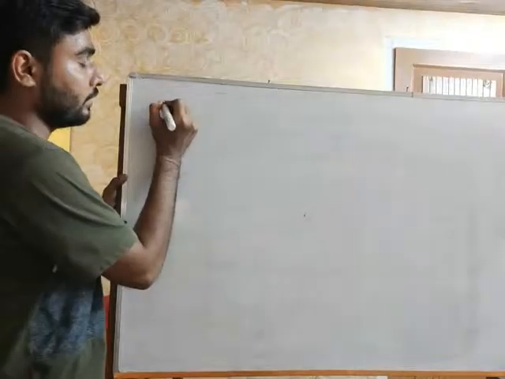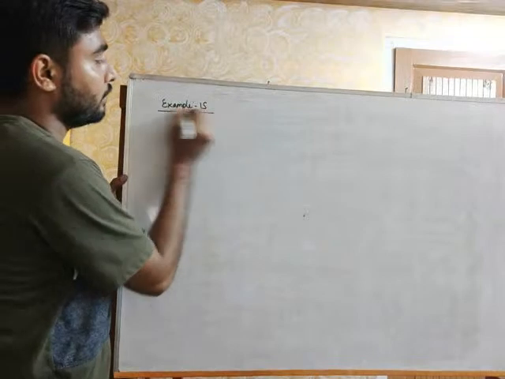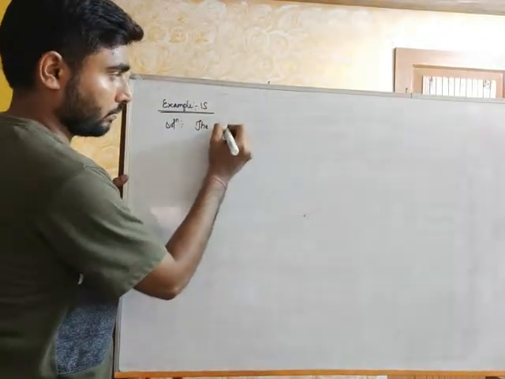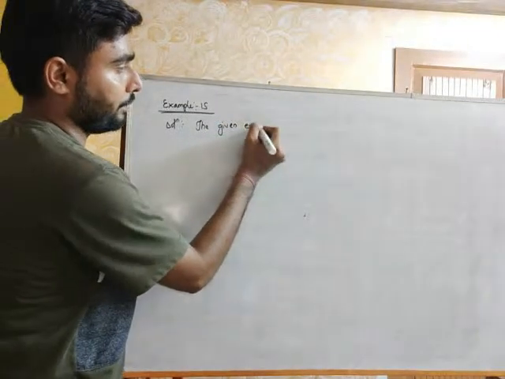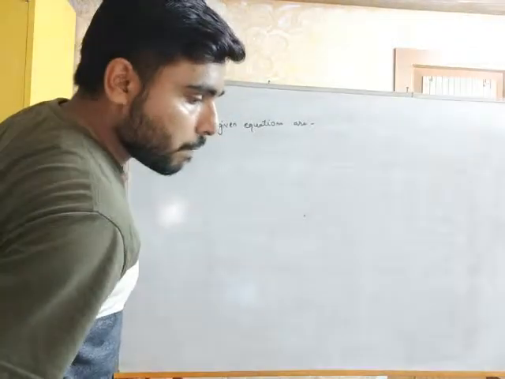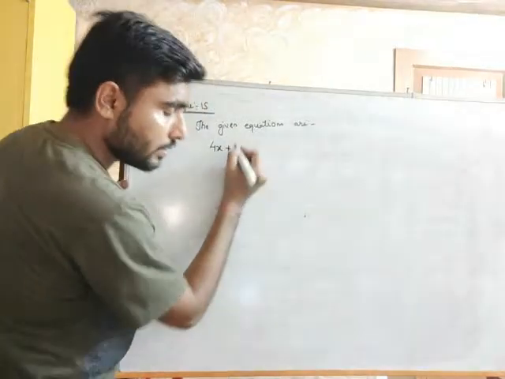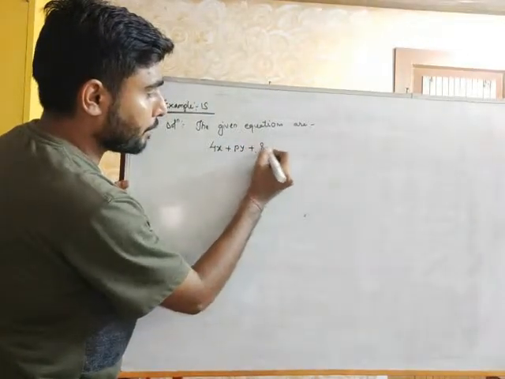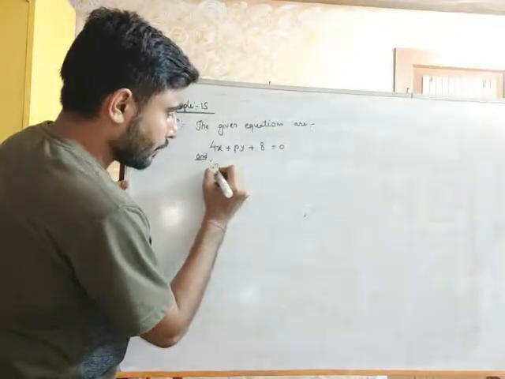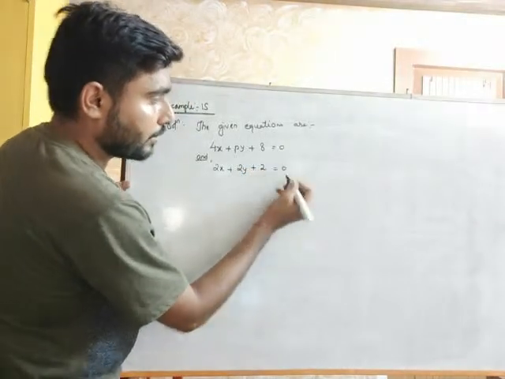So we'll write example 15. The given equations are 4x plus py plus 8 is equal to 0, and what is the next equation? 2x plus 2y plus 2 is equal to 0.